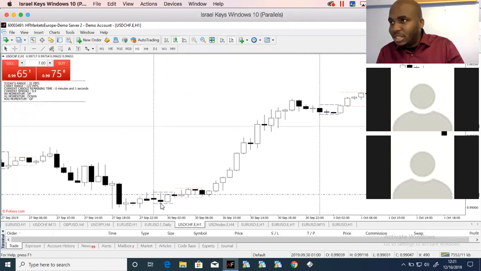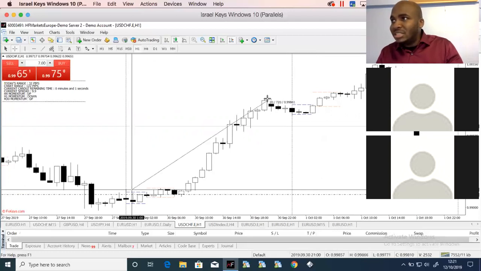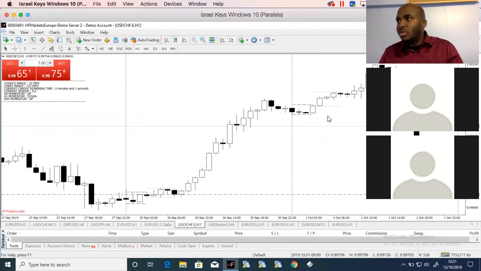It went a little bit down to engineer liquidity into an order area from the previous day, then went all the way up. So it opened there, went down 11 pips, then it went the distance it really wanted to go, which is 73 pips, and then it went further back down and closed.